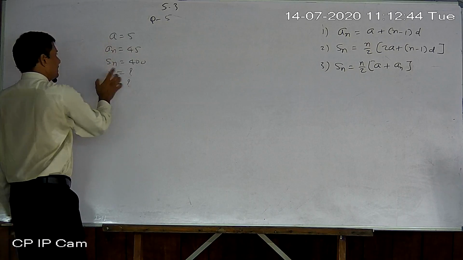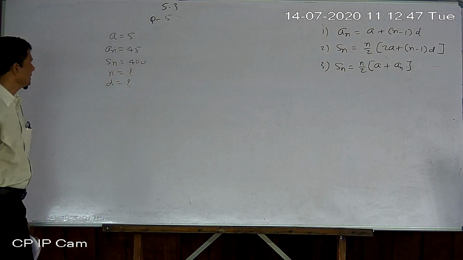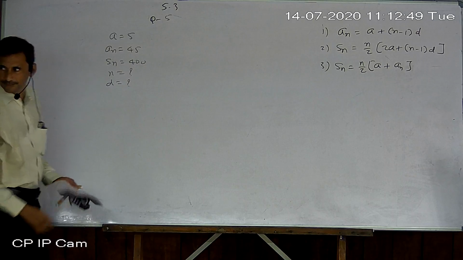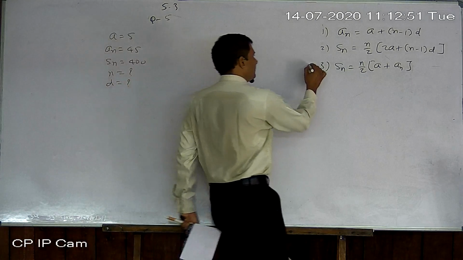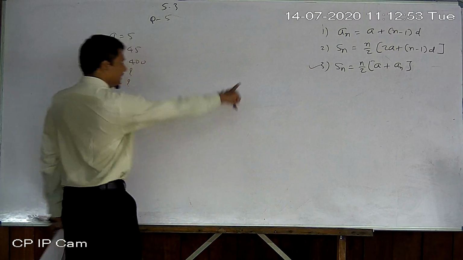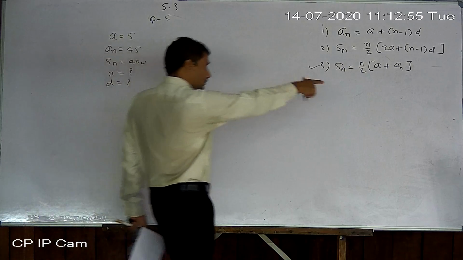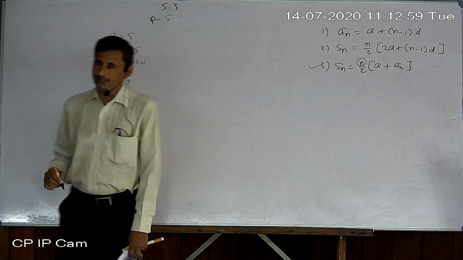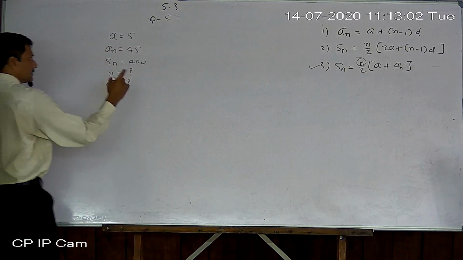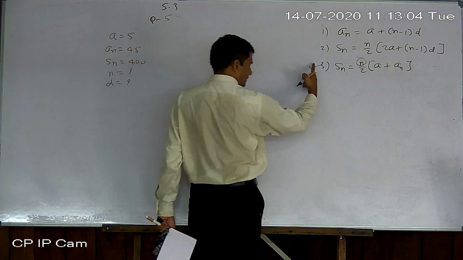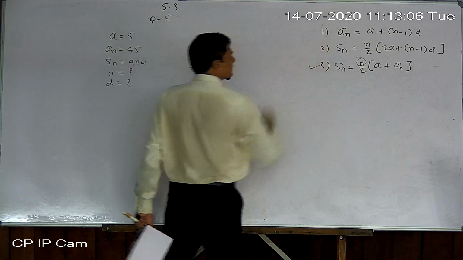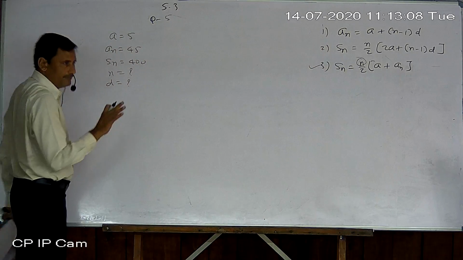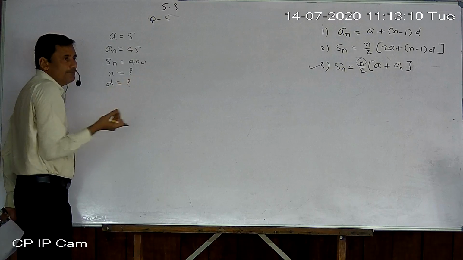After preparing this list, you can see which one is applicable first of all. Look here, the third one is applicable. Why? Sn is given, a is given, an is also given, except n everything is given, so you can find n. Third equation, then first or second, any one, but the first one is quite simple.